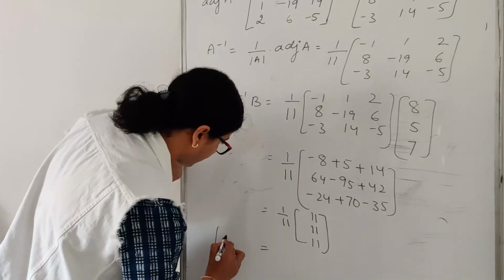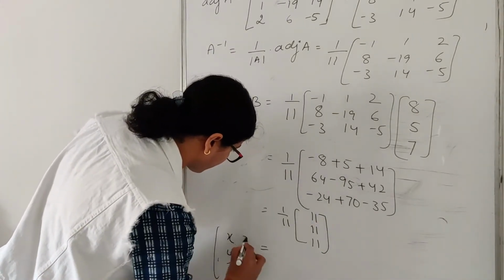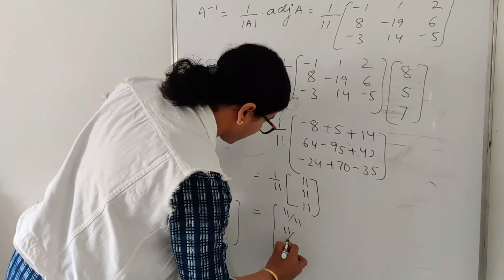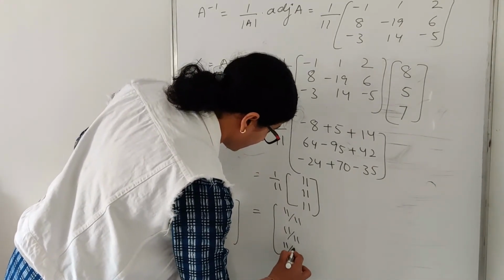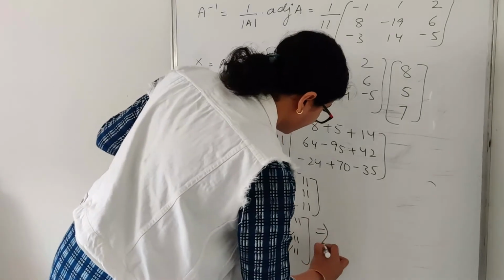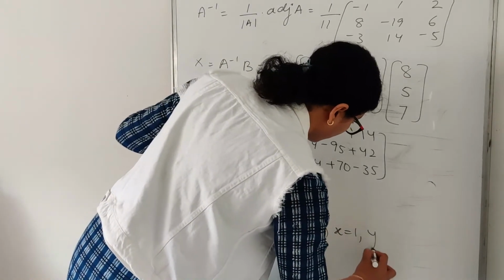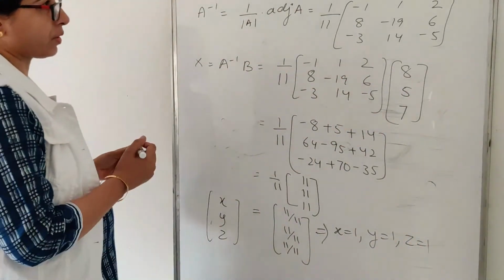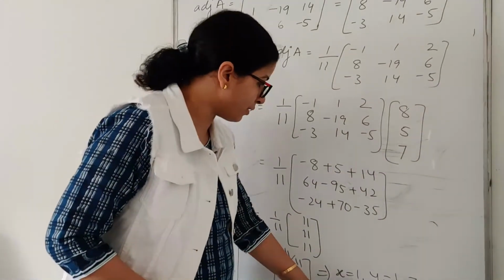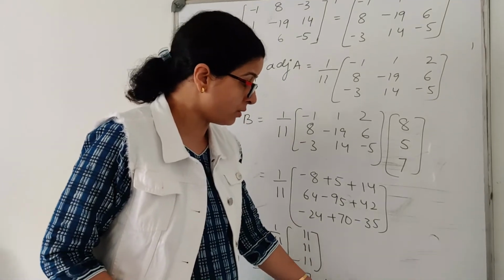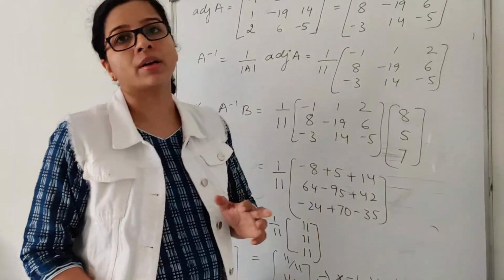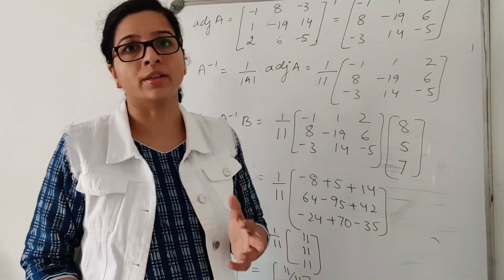So X, Y, Z is equal to 11 by 11, 11 by 11, 11 by 11, which implies X is equal to 1, Y is equal to 1 and Z is equal to 1. Okay. So I require food A 1 pound, food B 1 pound, food C also 1 pound to meet the required nutrients in the food.